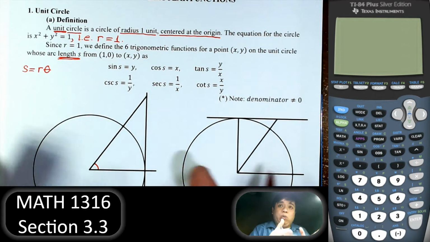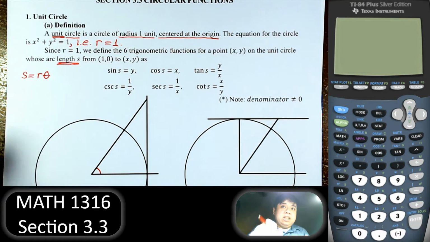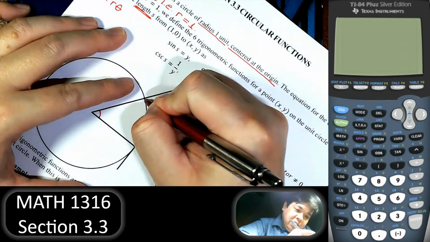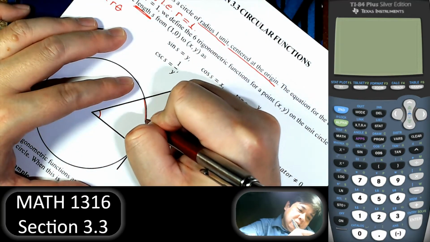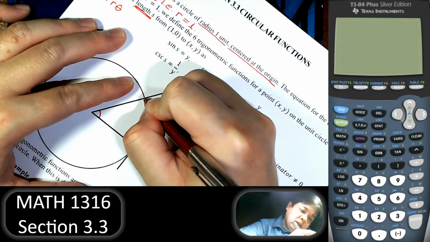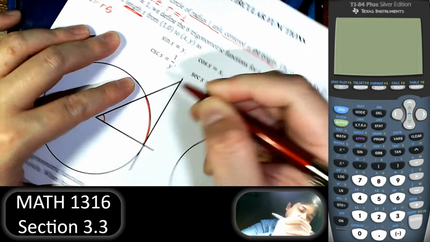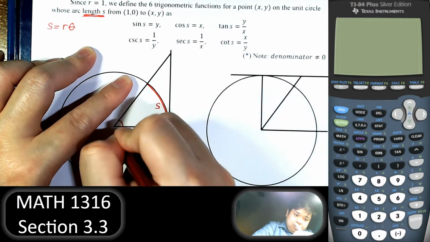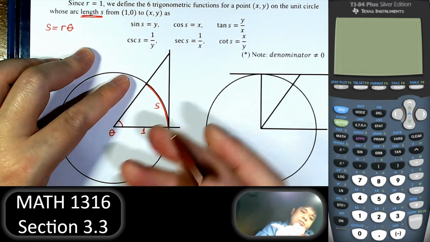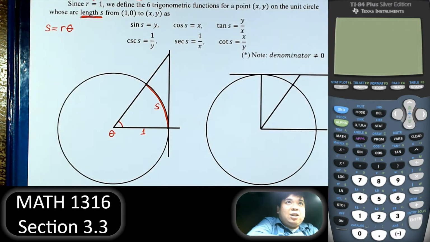But the way we define the circular function here is not based on the central angle, but based on the arc length. This is s, the length of this arc, corresponding to the central angle, and since the radius is equal to 1, that's why we can have that.